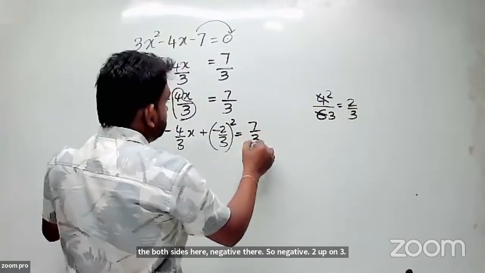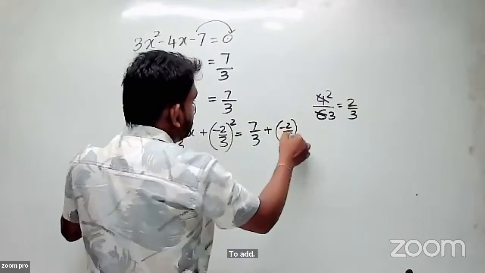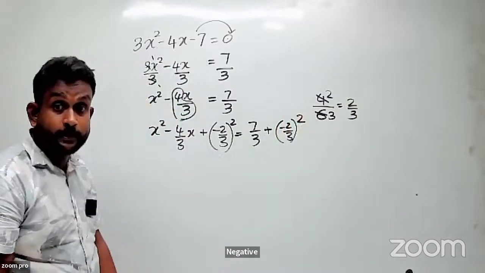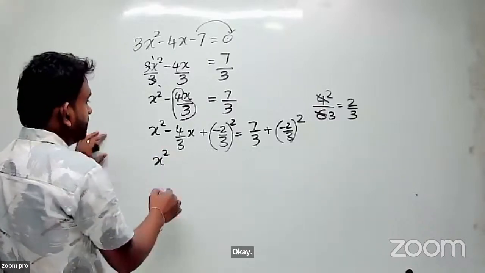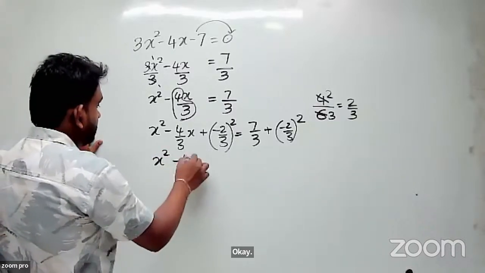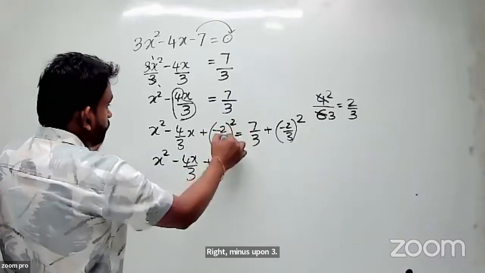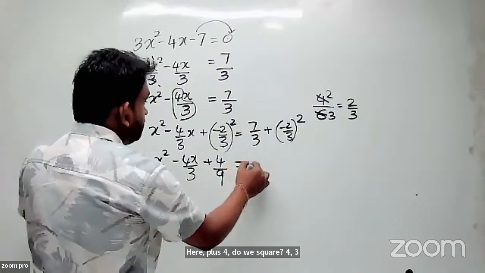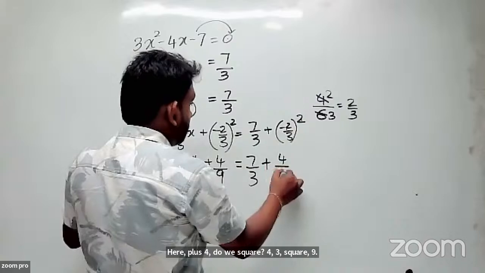Then I write x squared minus 4x upon 3 plus (2 upon 3) squared, 4 upon 9, equals 7 upon 3 plus 4 upon 9.